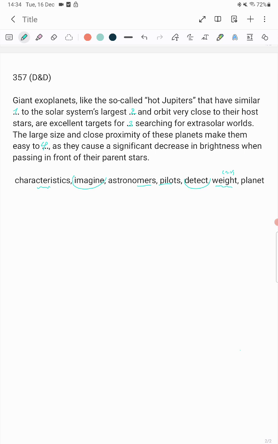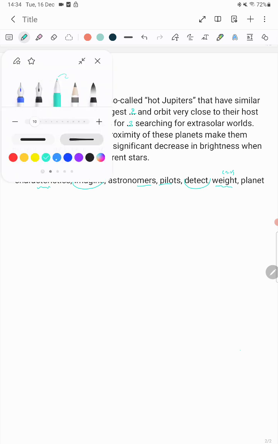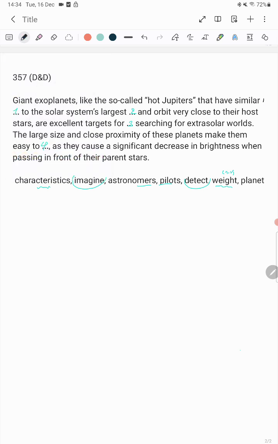I think we need a preposition here, similar in, because similar takes a preposition.